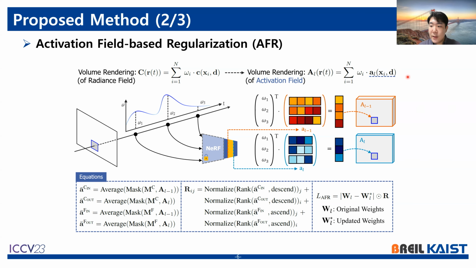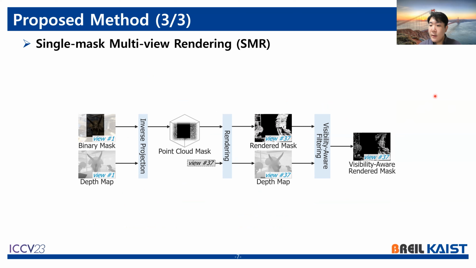Using the input and output activation map of a specific layer, A_{L-1} and A_L, along with the recolor mask and frozen mask, we can understand that model's activation distribution for the recolor and frozen areas in the scene. This information helps us determine which neurons should learn more or less during the training process.